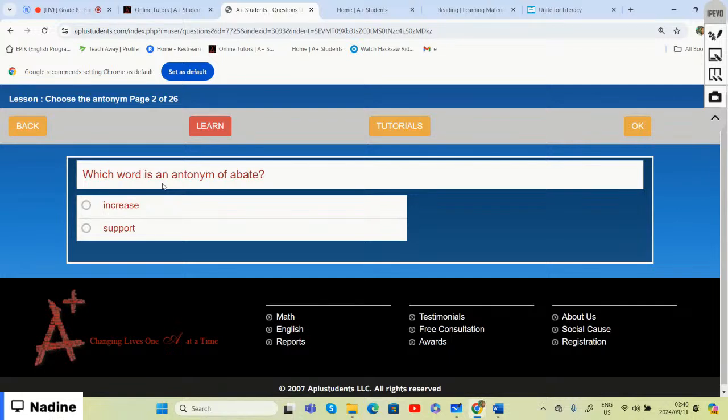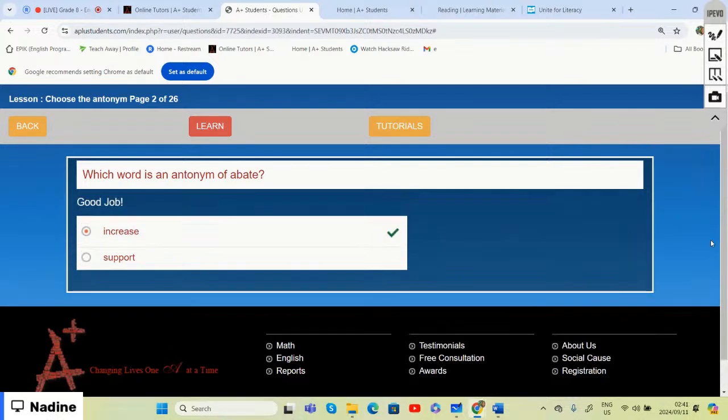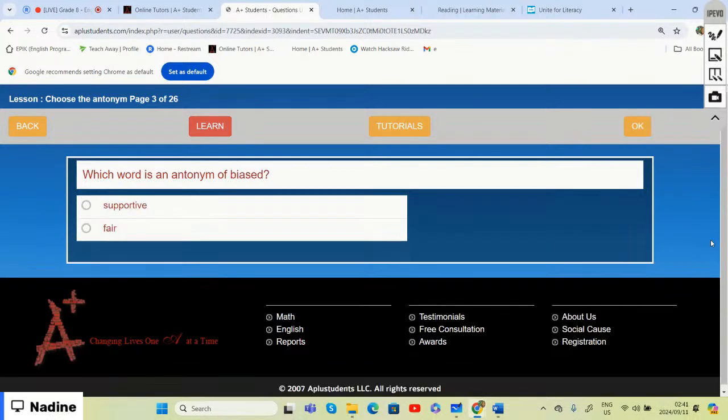And if we want to identify the antonym of abate, then we can say the antonym of abate is to increase, because abate is like to lessen something. So the opposite of lessen is to increase.